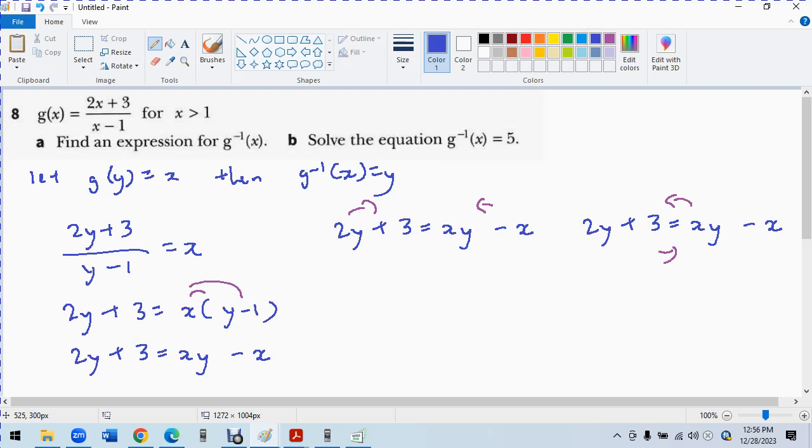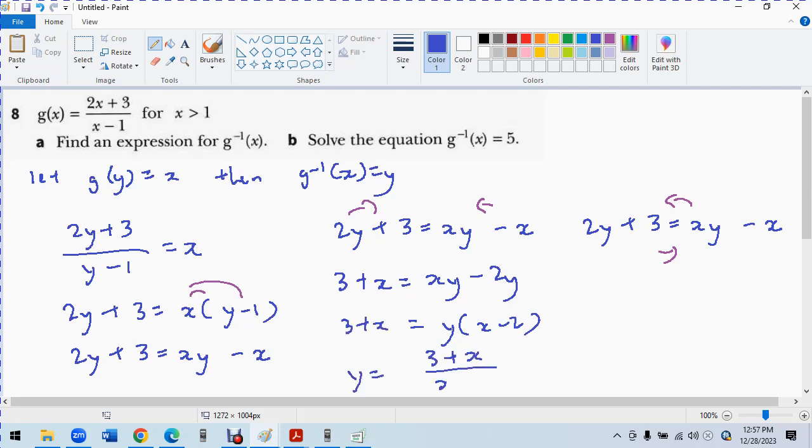Why? Because we have 3 plus x equal to xy minus 2y. Then we have y(x minus 2) equal to 3 plus x. So y is (3 plus x) over (x minus 2). Okay, but if you do it the other way, not recommended.